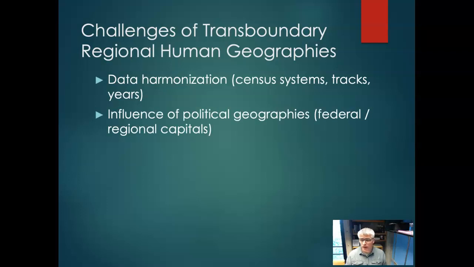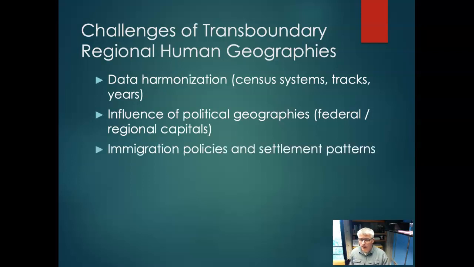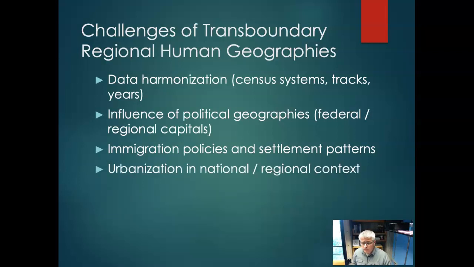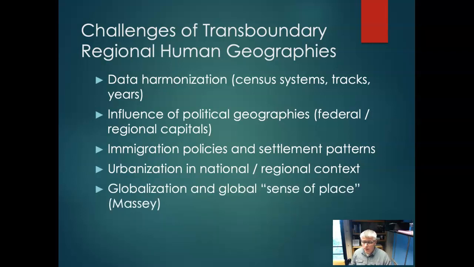There are differences in our political geographies, the federal and regional capitals. The immigration policies and settlement patterns are different between the U.S. and Canada, and on a national level, regional areas change their urban development policies, and the goal of the region is a bit different.